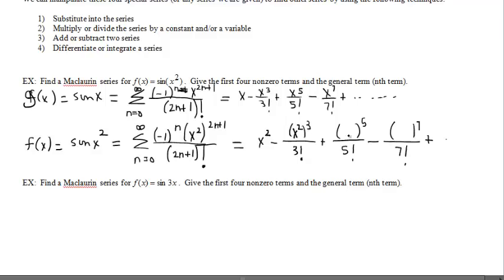Going back and filling in my x squareds. Do you have to clean up if you want to? I think you just lose the pattern. We're done. Let's move on.